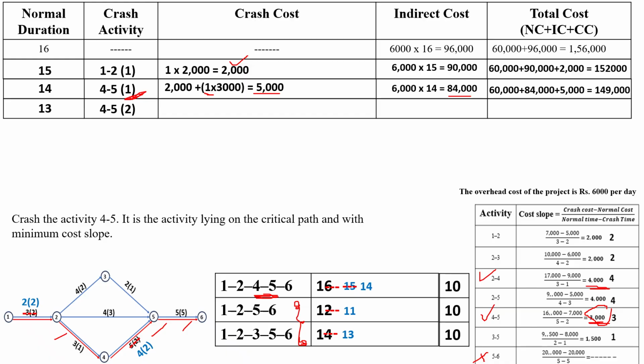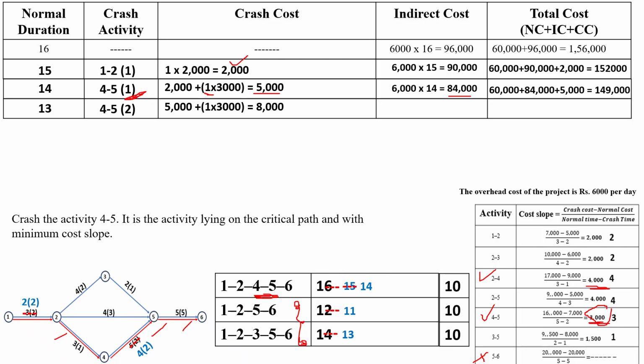So for the second day, the crashing cost will become the previous cost of 5,000 plus another 1 day, so the cost slope is 3000. Then 5000 plus 3000 is equal to 8000.